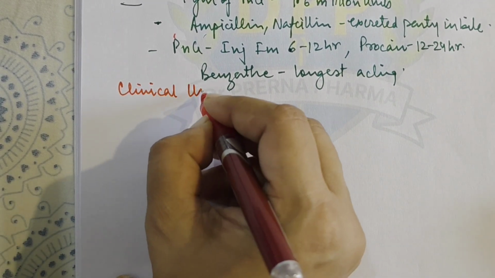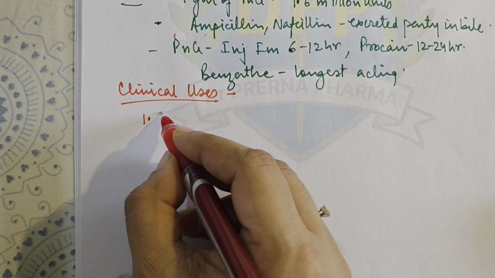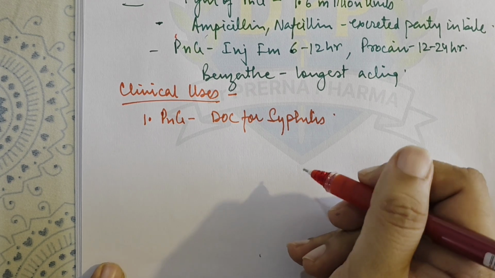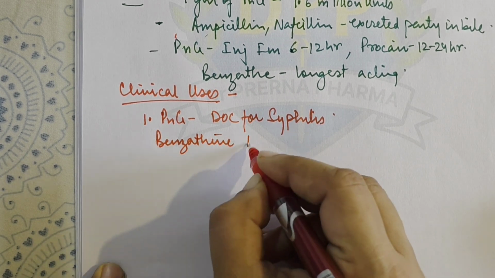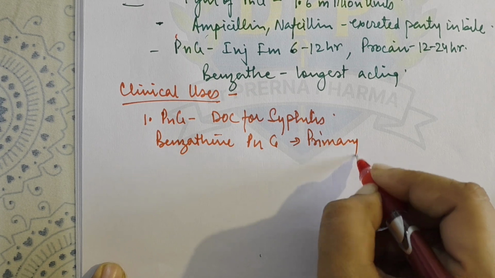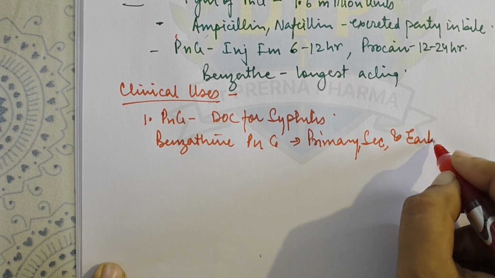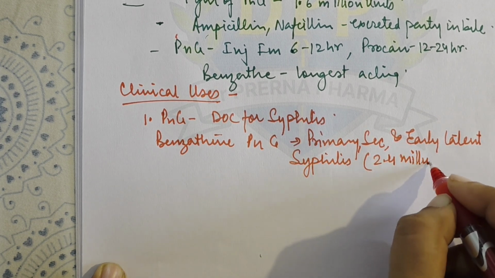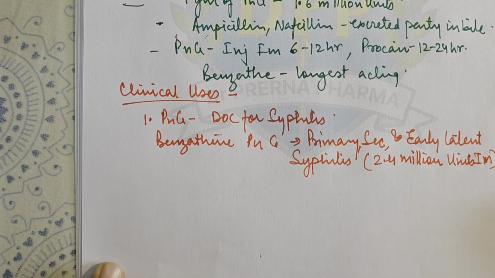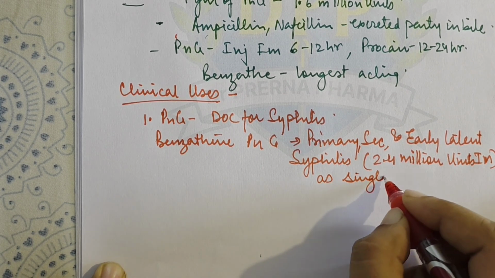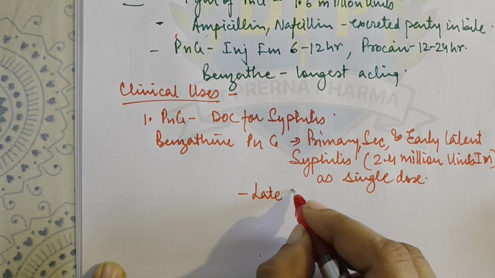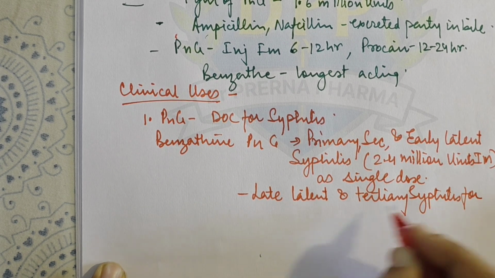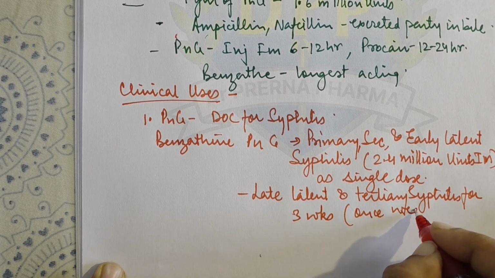Now clinical uses of penicillin. So what are they? First, penicillin G is the drug of choice for syphilis. Benzathine penicillin is used for primary, secondary, and early latent syphilis, that is 2.4 million units intramuscular as a single dose, and for latent and tertiary syphilis for 3 weeks, once weekly.